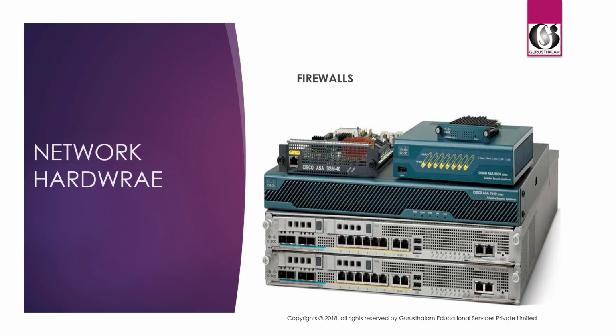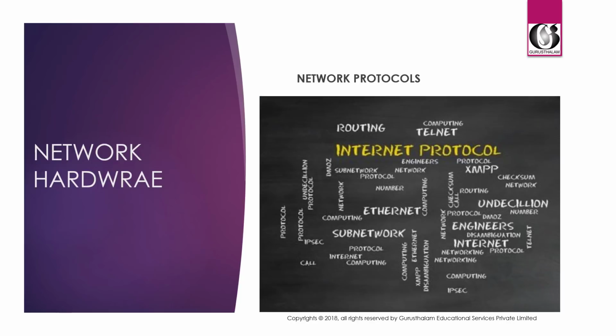Now we come to the part of network protocols. What kind of network protocols do we use? There are many different vendors that sell networking hardware, for example, Cisco, Juniper, HP, Dell, Microchip, and many others.